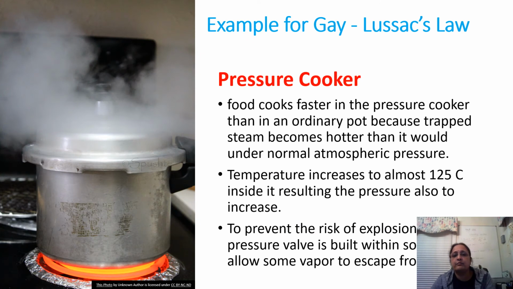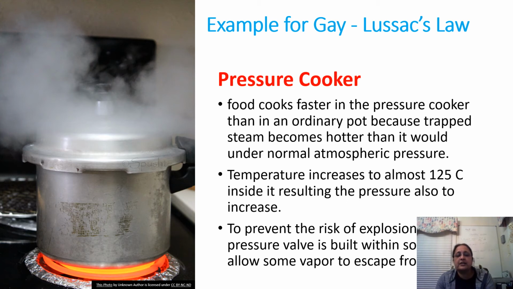The best example for Gay-Lussac's law is the application involved in the pressure cooker. We all know that food cooks faster in a pressure cooker than in an ordinary pot. The reason is that the trapped steam inside the pressure cooker becomes hotter, almost 125 degrees Celsius, than under normal conditions.